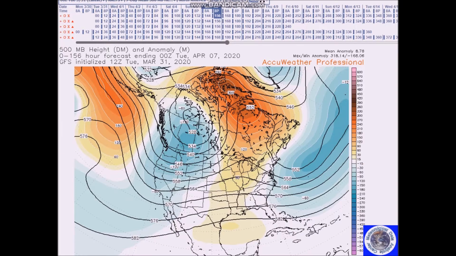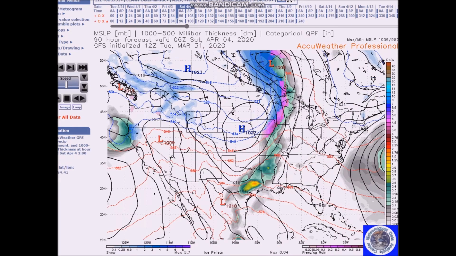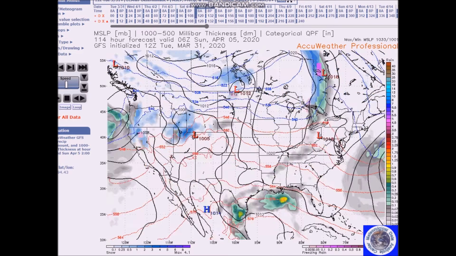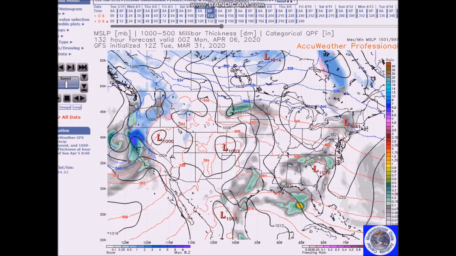Okay, during this period, we're going to go to the forecast models. The west will experience rain and high elevation snows for the Friday through Tuesday period. The first system will bring precipitation to Northern California and vicinity, with some moisture extending into the Northern Rockies.